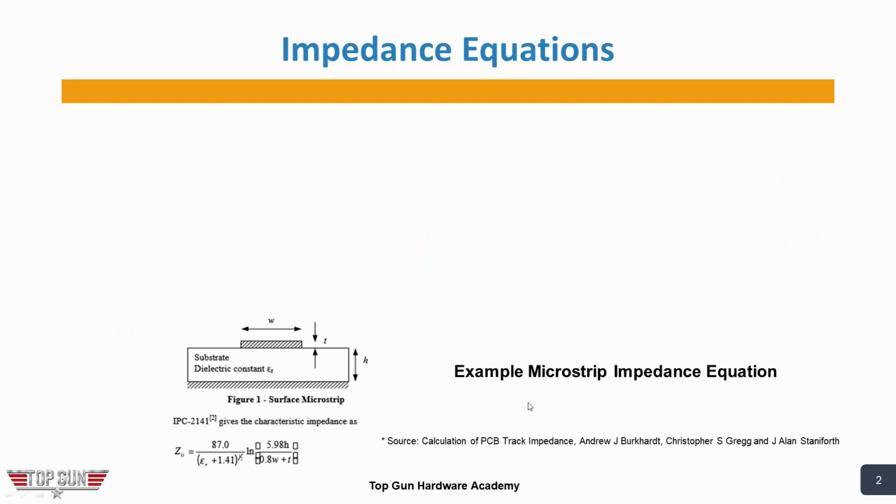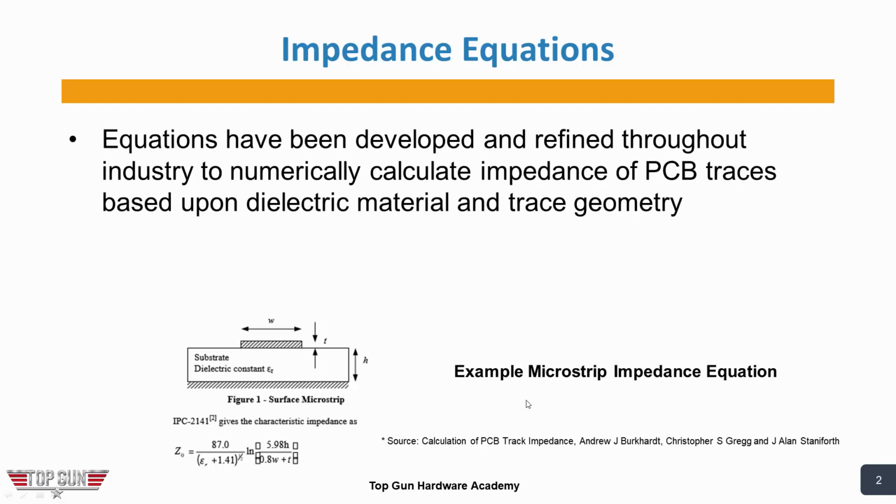The impedance of a trace can be calculated using equations. The equations have been developed and refined throughout industry to numerically calculate impedance of PCB traces based upon the dielectric material and trace geometry. At the bottom of this slide, you can see an example microstrip impedance equation. If you look at this formula, it's really based on the trace geometry, for example the width of the trace, the thickness of it, the height of the dielectric, and also the dielectric constant value.